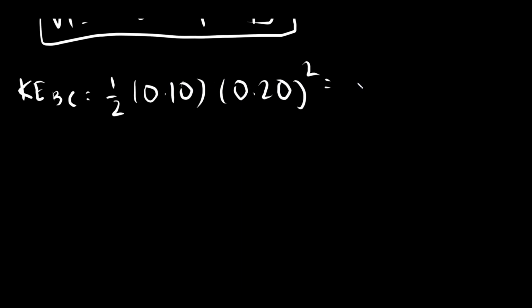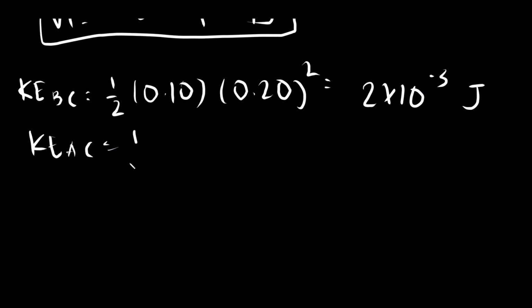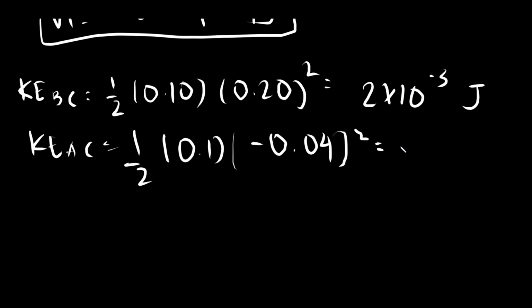That is 2 times 10 raised to negative 3 joules. Then the kinetic energy after collision is 1/2 times 0.10 times the final velocity, negative 0.04, squared. You get 8 times 10 raised to negative 5 joules.